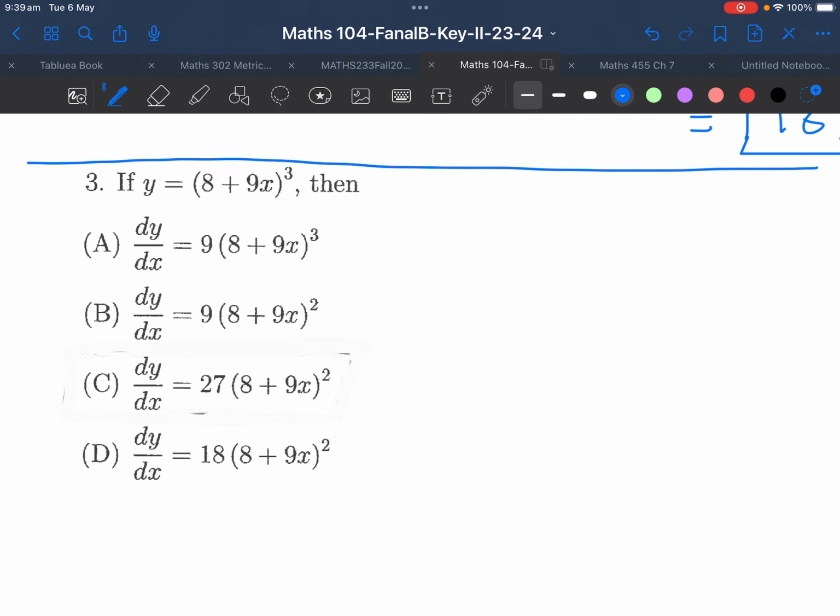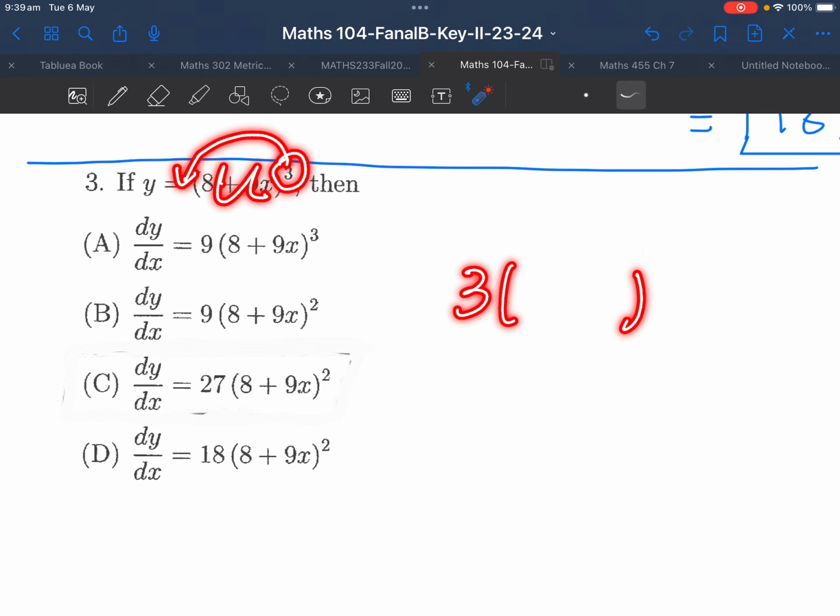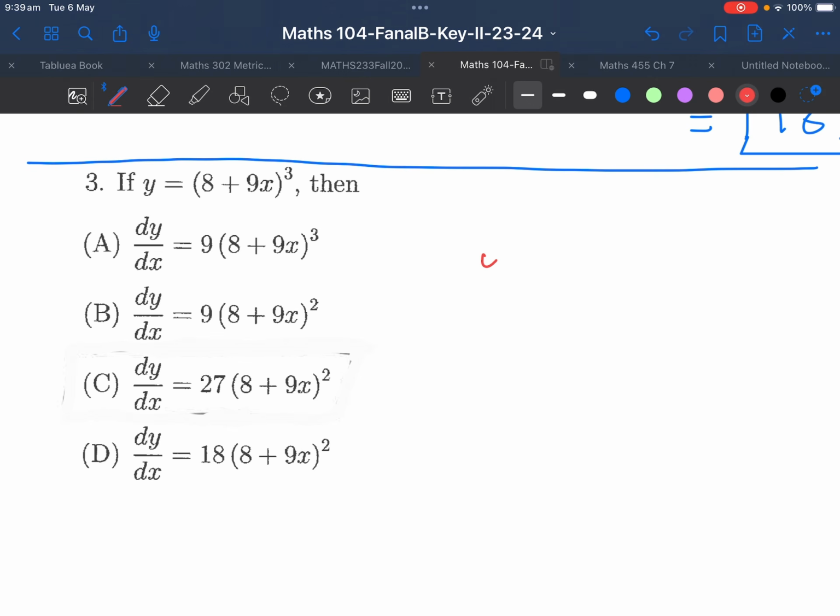We need to find the derivative of this one. Remember, if we want to find the derivative of u to the power 3, we use the chain rule. First of all, we take 3 down, so we get 3 times u to the power 2, and then you multiply by u prime. So y prime equals 3 times the bracket squared. Whatever is inside, we keep as is.